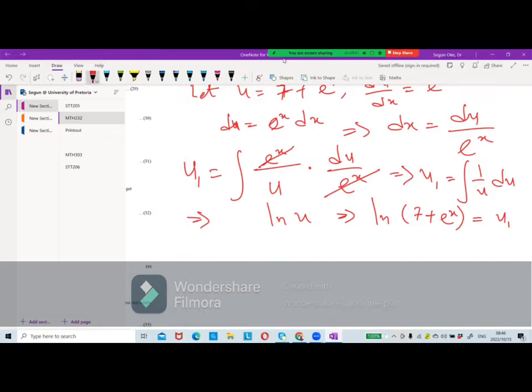Okay. Let's look at the u2. You have du2 over dx, which implies integral of what is u2? Exponential minus x over 7 plus exponential x times negative 1 all over exponential, exponential what?